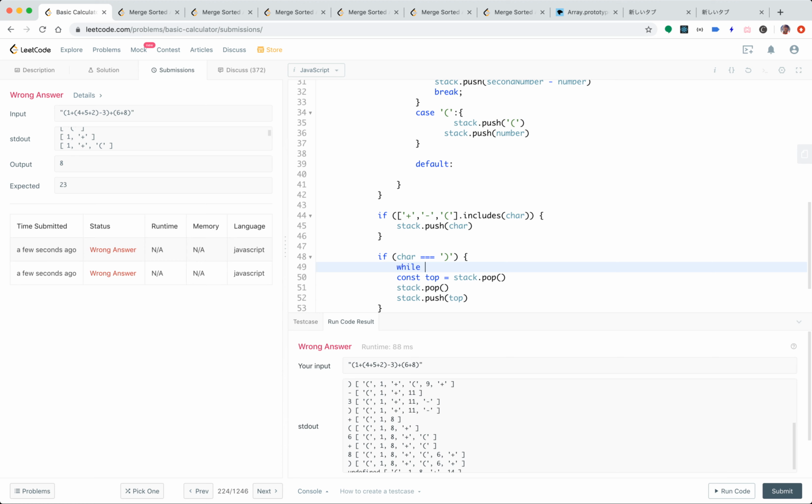While let top equals stack pop. Okay, top, while top is not equal to left parenthesis. If this is not true, then we will keep pop.